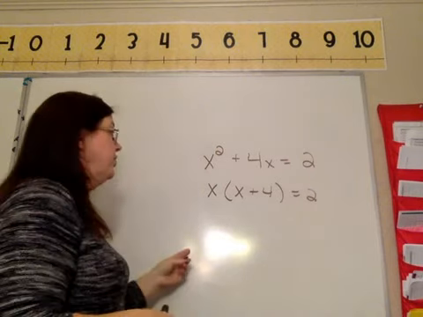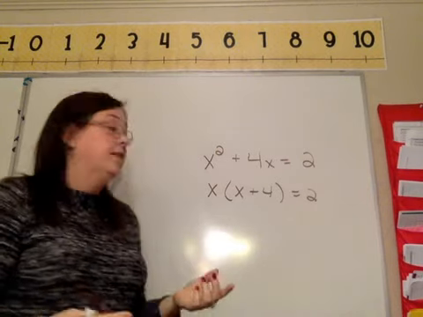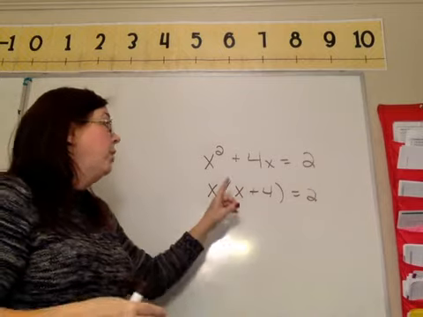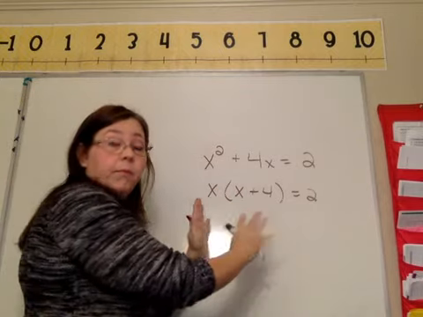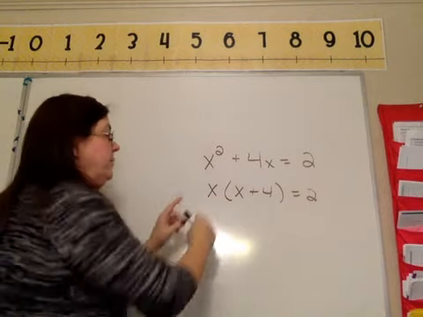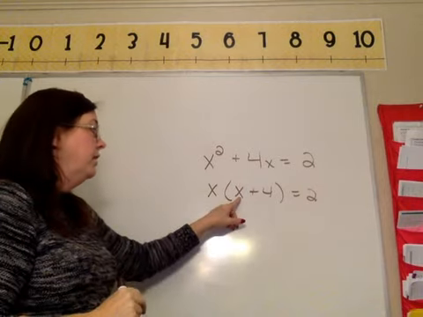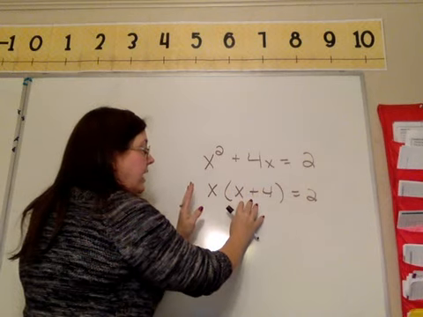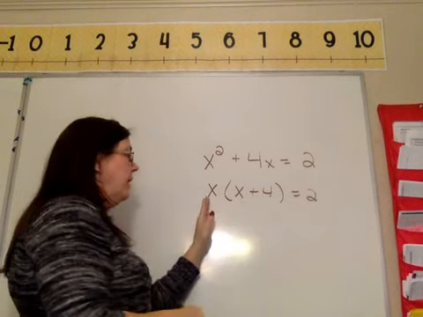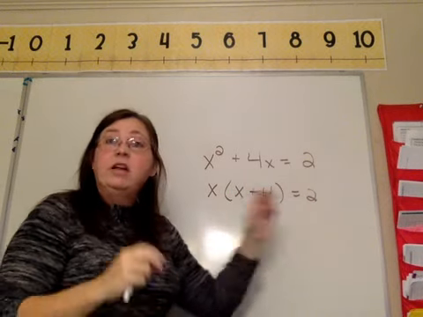Okay? So that's not going to work for us because this x, and remember, whatever x is has to be the same thing throughout the whole problem. So you can't come up with something on this side that when you multiply it by x, you'll only get 2 without changing it.